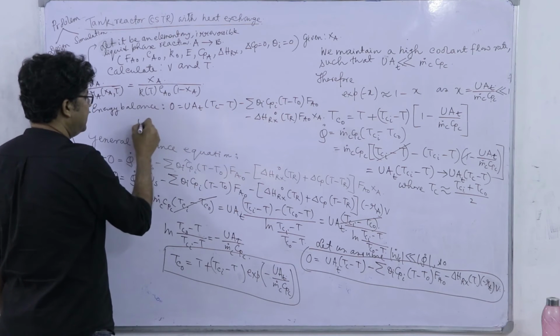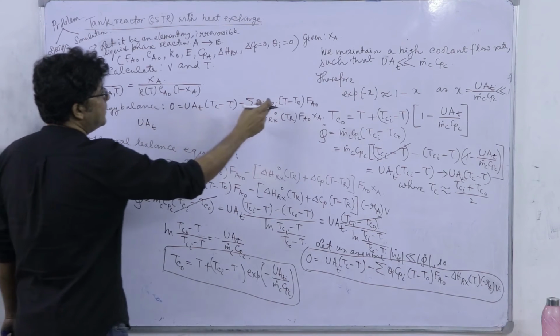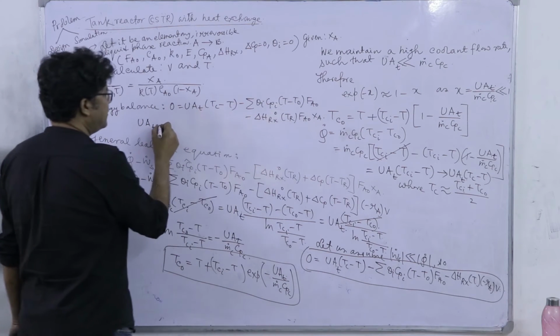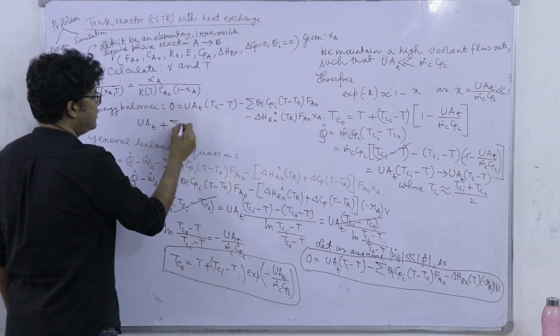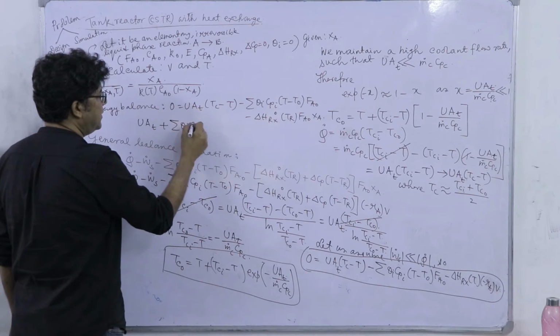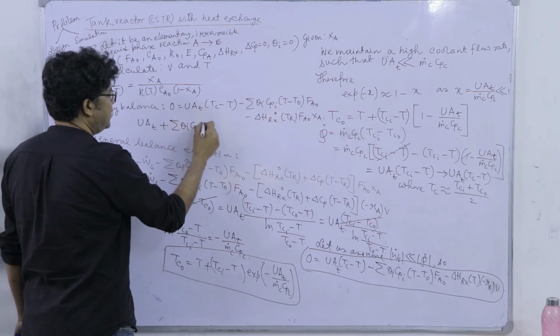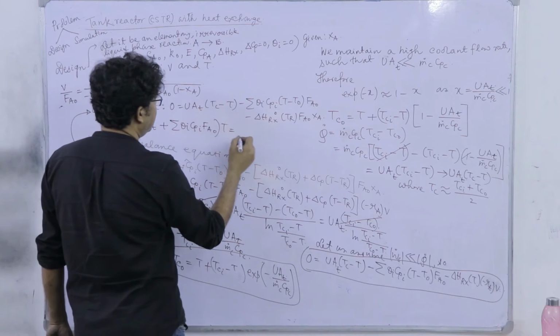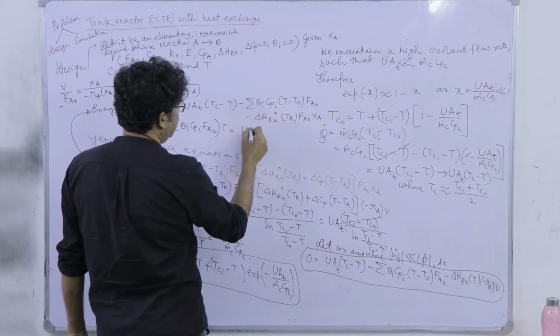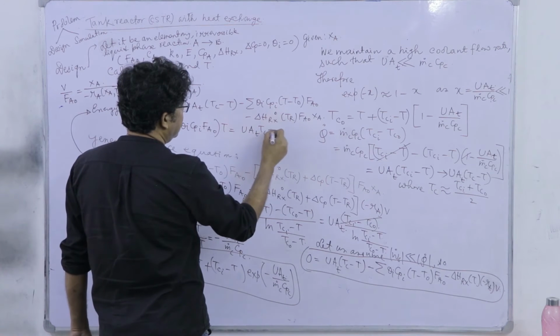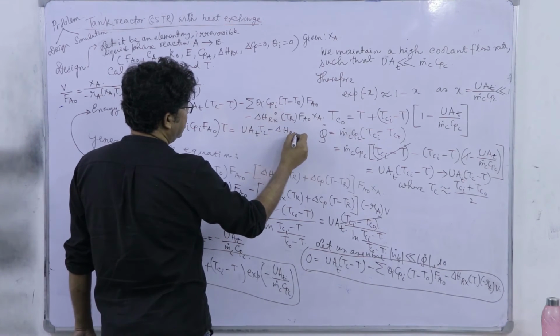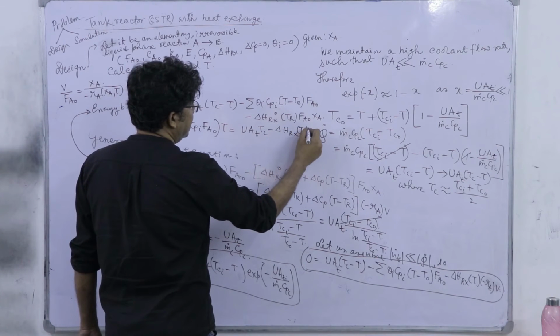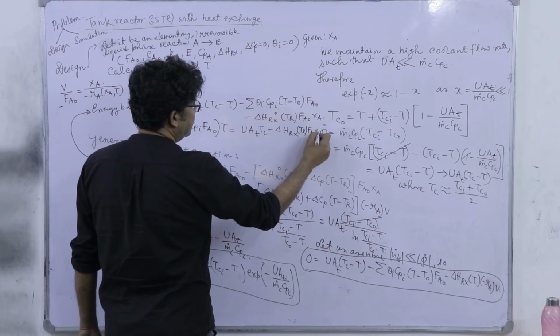T here is negative, so U into AT plus summation theta I Cpi into Fa naught, whole bracket T, is equal to U into AT into Tc minus delta H Rx at Tr into Fa naught into Xa.